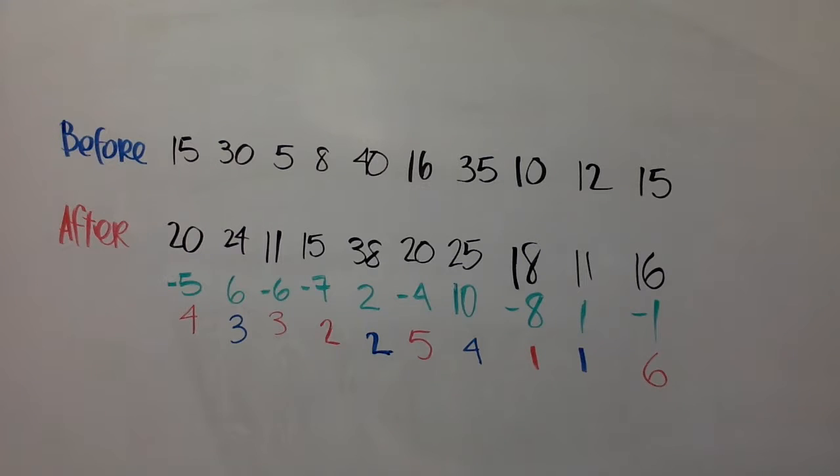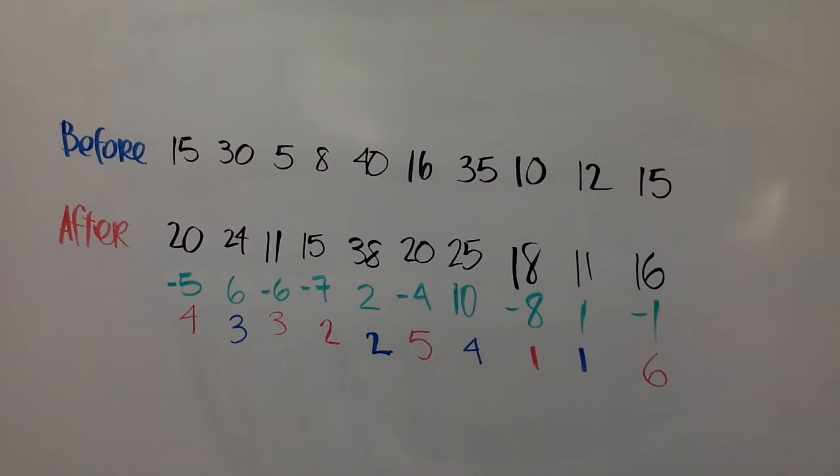So that's rank number 4. For the negative set of data, I started at -8 because that is the smallest number in this set of differences. So that is ranked number 1. I have -7 at number 2, -6 at number 3 with -5 at number 4, -4 at number 5, and -1 is going to be our largest number.